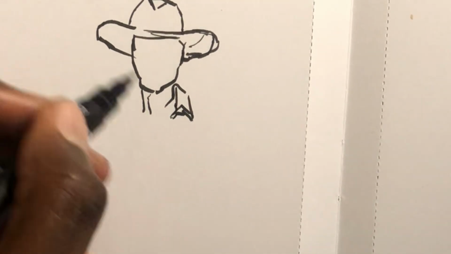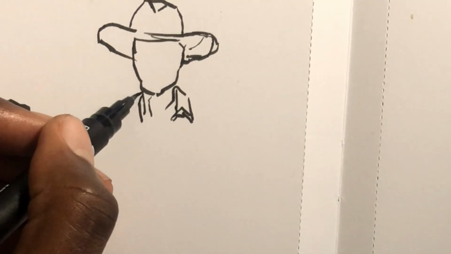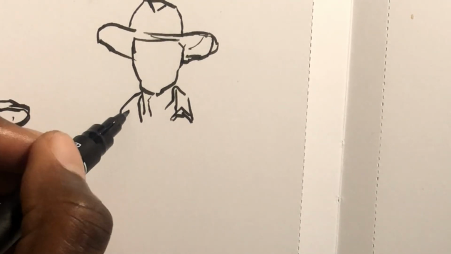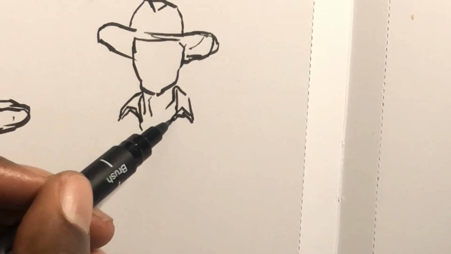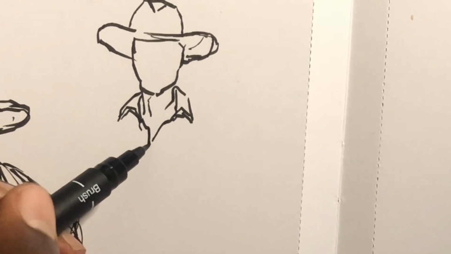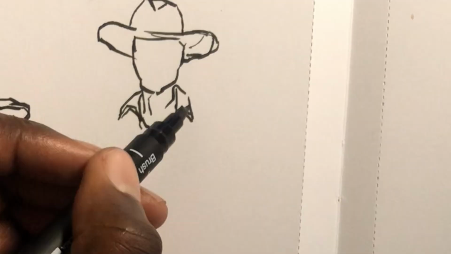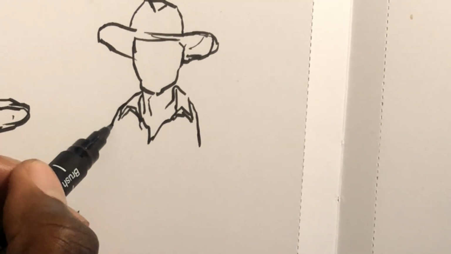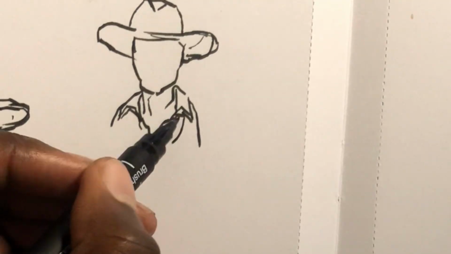So when it comes to the shirt, the type of fabric it is, it's maybe just a cotton shirt, so I can just use straight lines to represent those parts of the clothes.